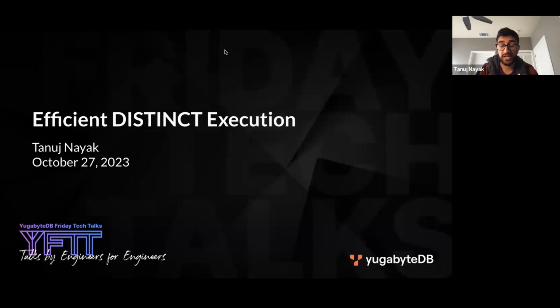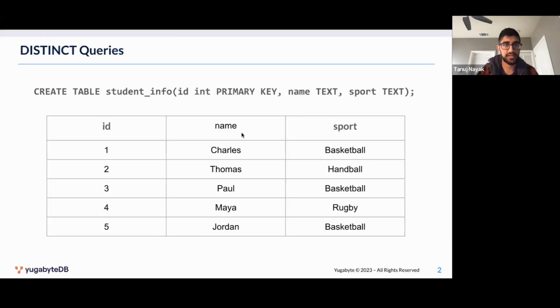So today I'll be talking about one project in this field that we did, and that's making distinct queries run efficiently on YugabyteDB. So let's take a deeper dive and learn how we did this. In order to do that, I'll set up an example table that stores information about a bunch of students.